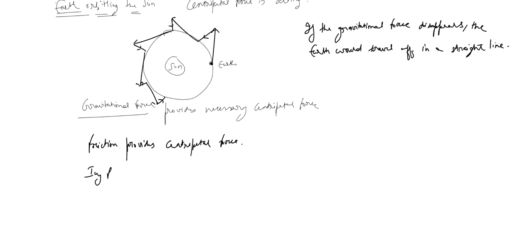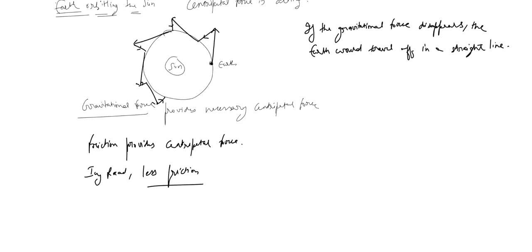There will be negligible friction or very little friction. If friction is very little, there will be no centripetal force, because friction is providing the centripetal force. So the car will not undergo circular motion. And what if the driver tries to turn the steering wheel?